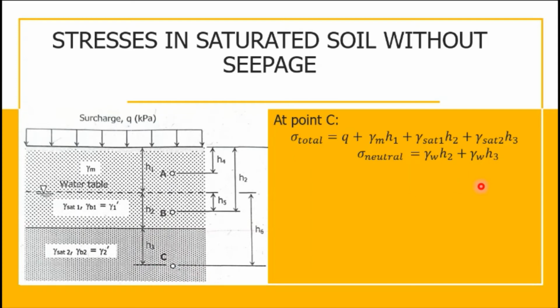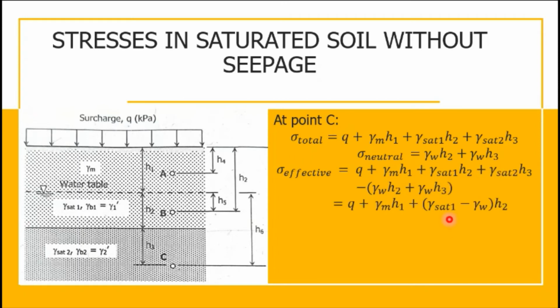In order for us to get the effective stress, again at point C, we have to get the difference between the total stress and the neutral stress again. So this is the total stress subtract by the neutral stress. If you're going to analyze the equation, again, there are common terms like H sub 2 and H sub 3.